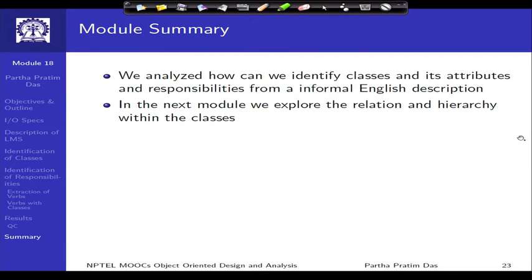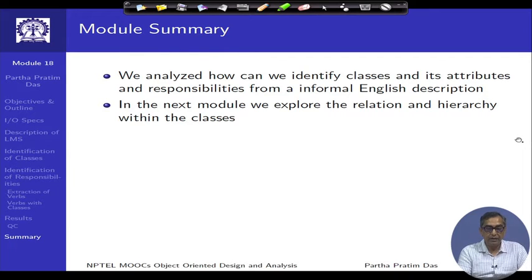So, in summary, in this module we have analyzed how we can identify classes and their attributes and responsibilities from an informal English description. We have primarily, in this module and in the earlier one, used a linguistic analysis approach, which is one way of doing it.